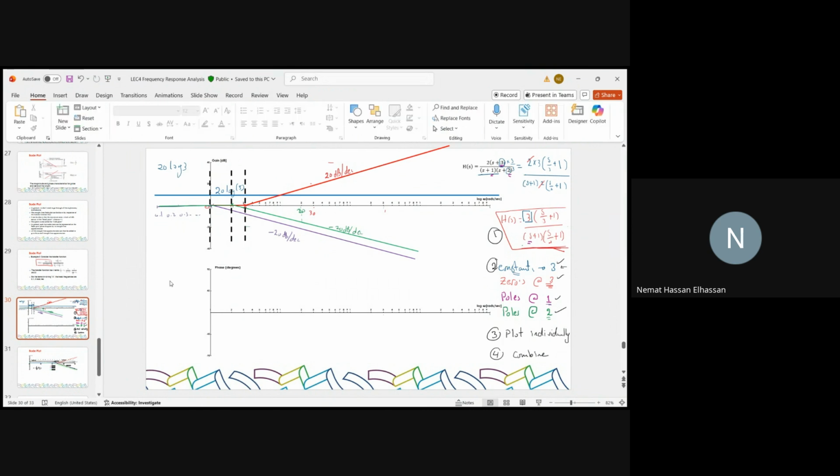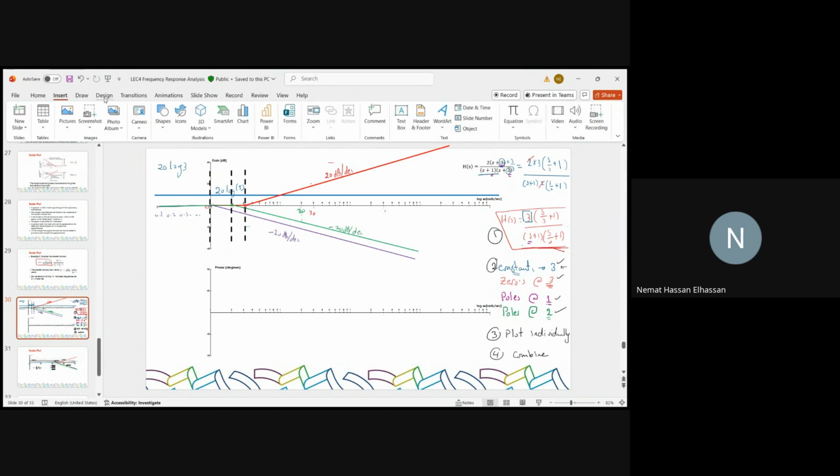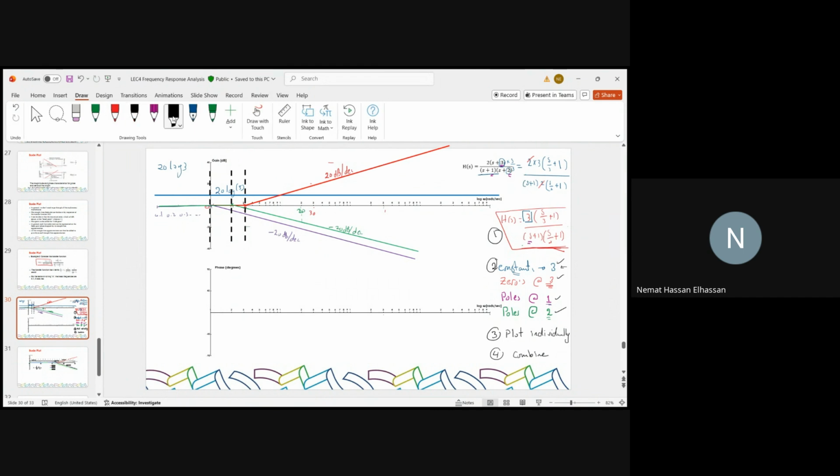So what I would do is combine all of these together. If you look at it, at the beginning, the only contribution comes from the blue line. So if we add all of them until 0.1, the only contribution is coming from this blue line.